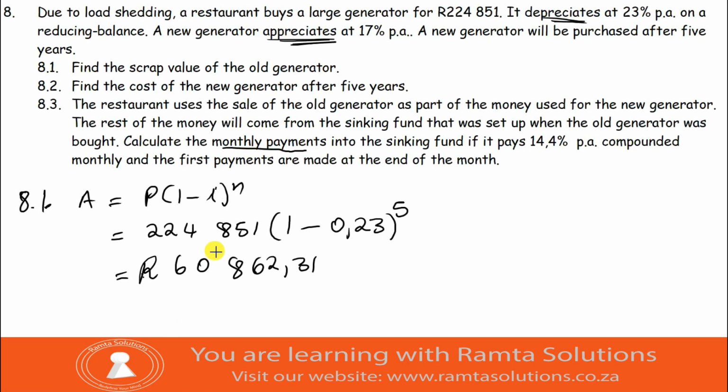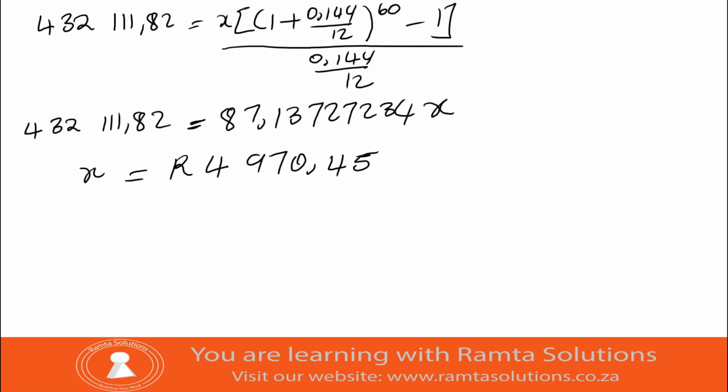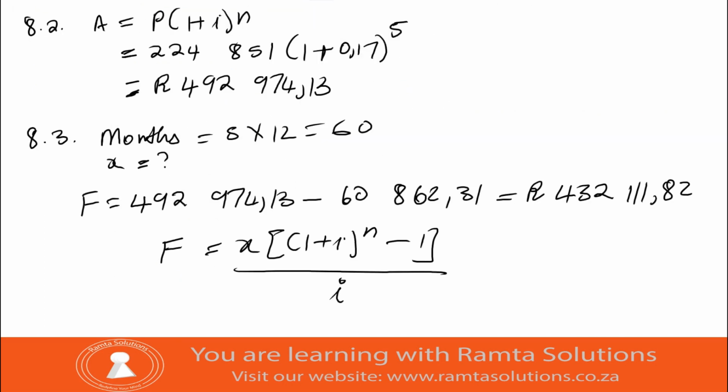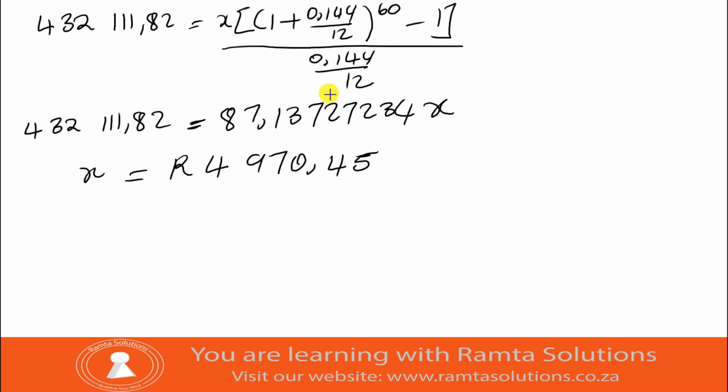So this is the monthly payment that this restaurant needs to pay so that they can buy a new generator after 5 years. This is how you perform your future value annuity calculations, guys.